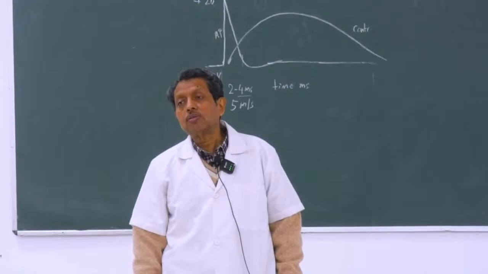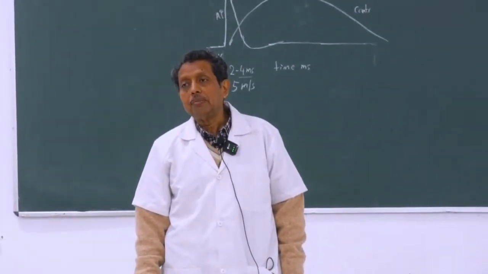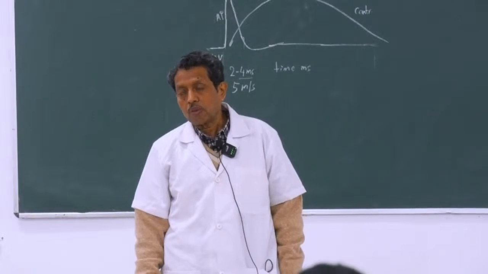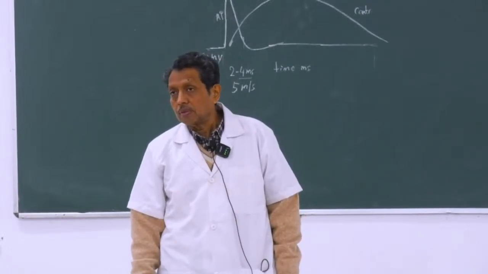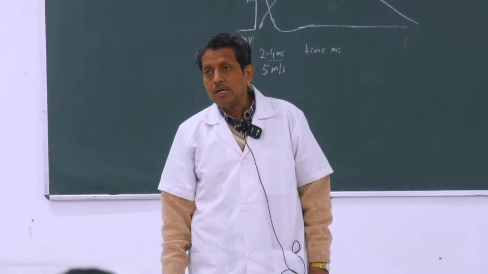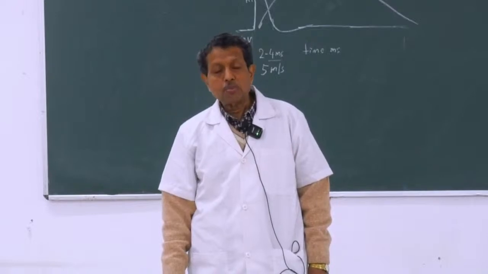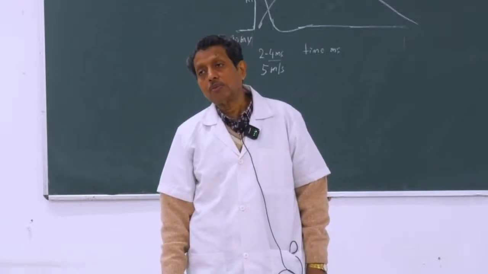The concentration of ions across the membrane is similar to that of the neuron. High sodium concentration outside and low concentration in the intracellular fluid. Potassium concentration is similar to that of the nerve.